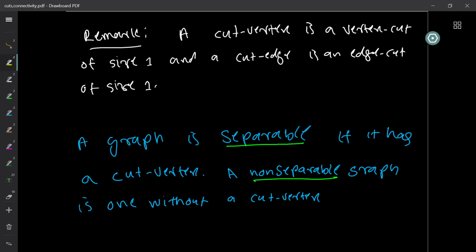If you remember, we have already defined what is a cut vertex and a cut edge, right? So a cut vertex is basically a vertex cut of cardinality 1, and a cut edge is basically an edge cut of size 1.